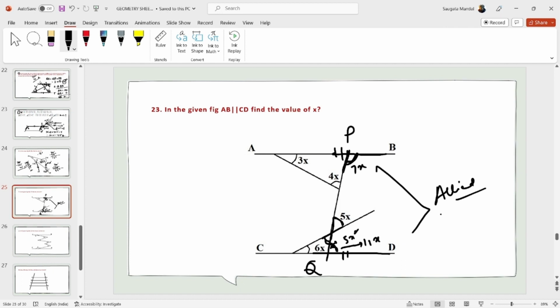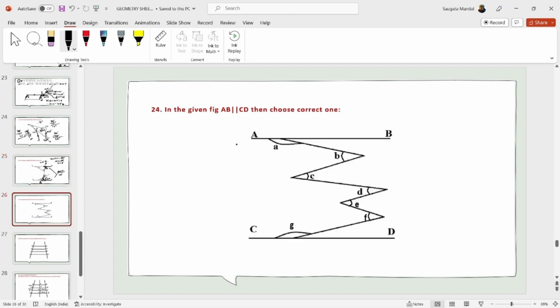The sum of allied angles, the sum of two angles, is 180°. So you can easily equate this. 7x plus 11x is equal to 180°. That means 18x equals 180°, so x equals 10°. What is the value of x? This is 10°.